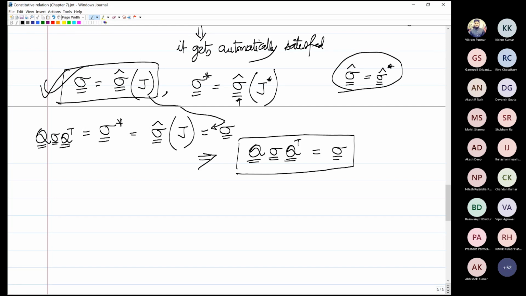So when is that possible? This is not possible for an arbitrary sigma. It is possible if and only if sigma is proportional to identity.